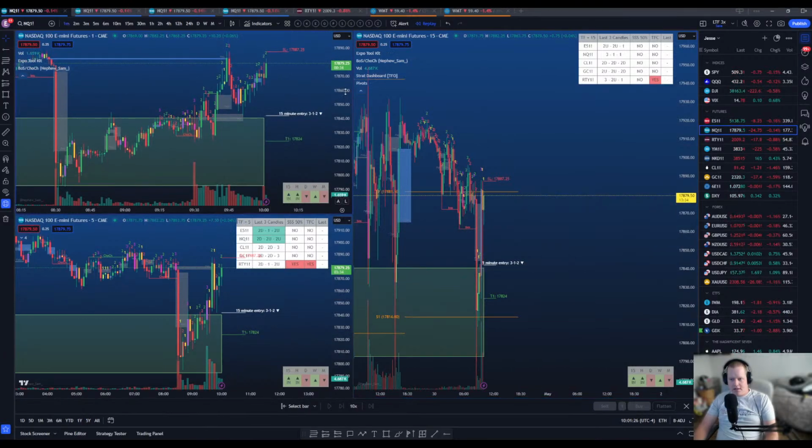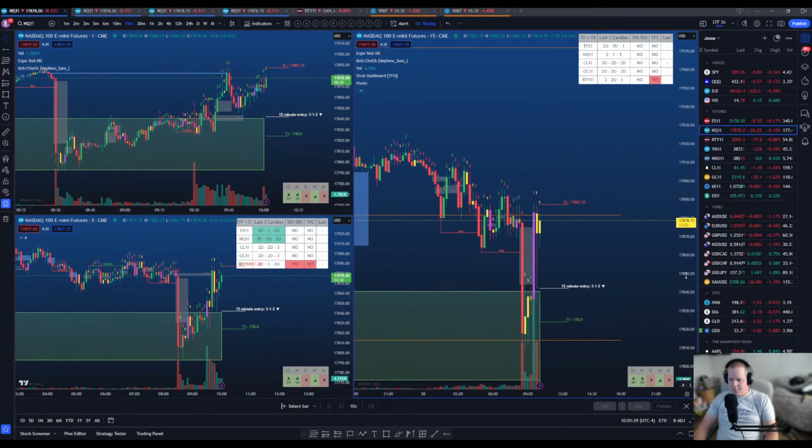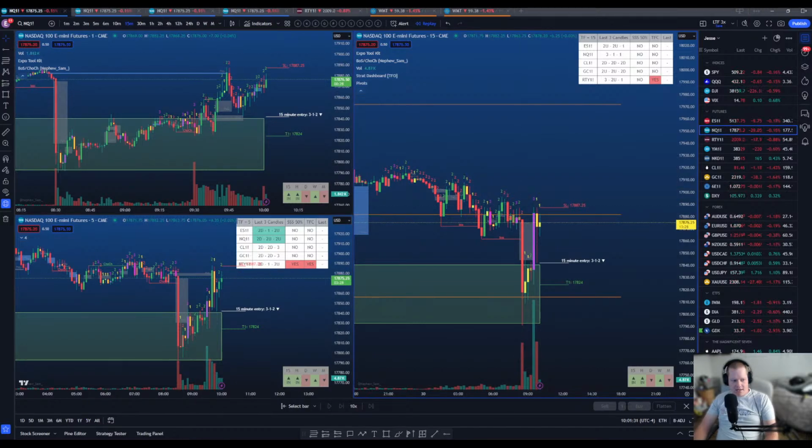All right, looks like a continuation to the upside for now. Inside bar on the 15. I'll take anything at a 2 up. If we go 2 up on the 15, then I'll be interested. Yeah, then I'll be interested to the upside.